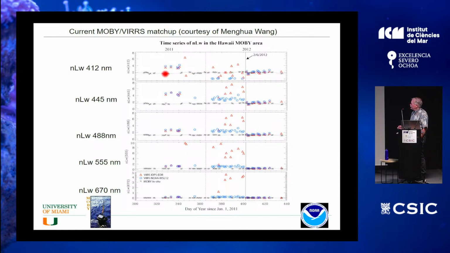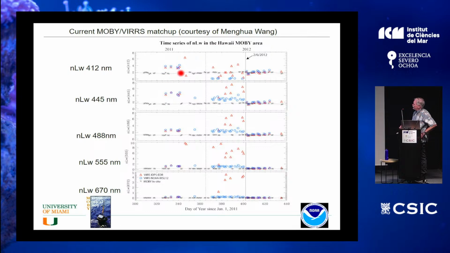The diamonds, or the triangles and the circles, are the product from the ocean color processing from the satellite. The triangles are basically the operational product. The circles are the science product.